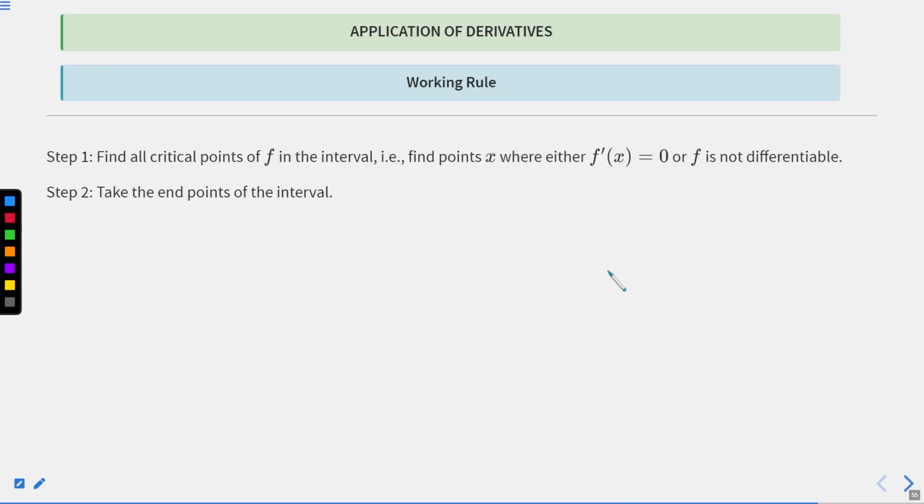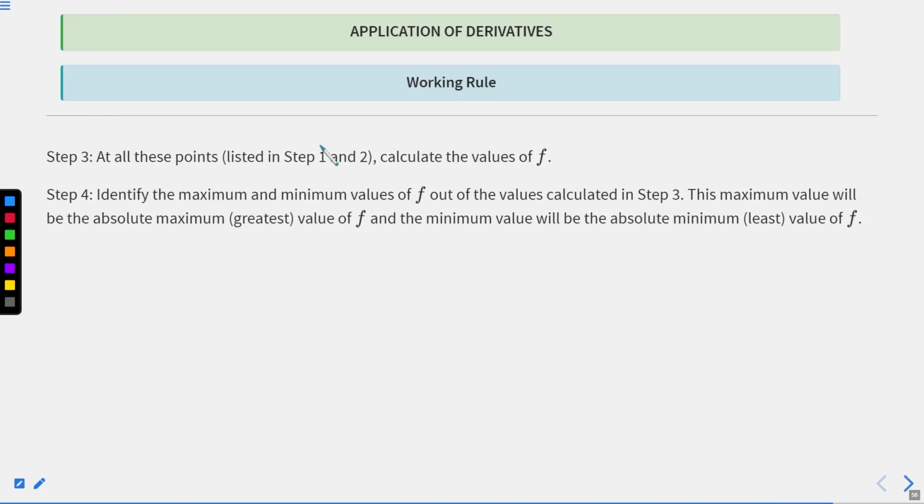So the working rule will be: first find all the critical points. How are you going to find them? First find f prime and put it equal to 0, or find the points where f is not differentiable. Now take the endpoints of the interval also. At all these points, calculate the value of f and identify the maximum and minimum values of f.